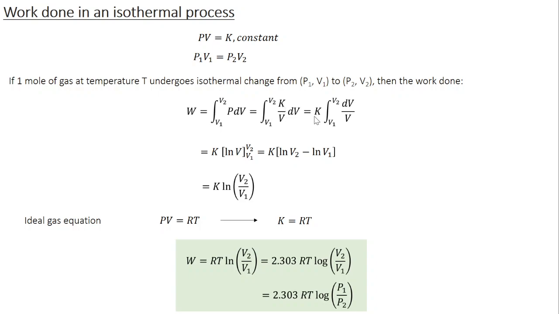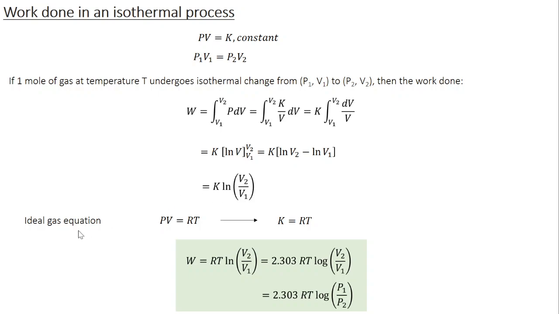K is a constant, you can take it outside the integral. And what is the integral of 1 by V dV? This is ln V, natural logarithm. So K ln V, apply the limits V1, V2. This is K into ln V2 minus ln V1, which is K ln V2 by V1.